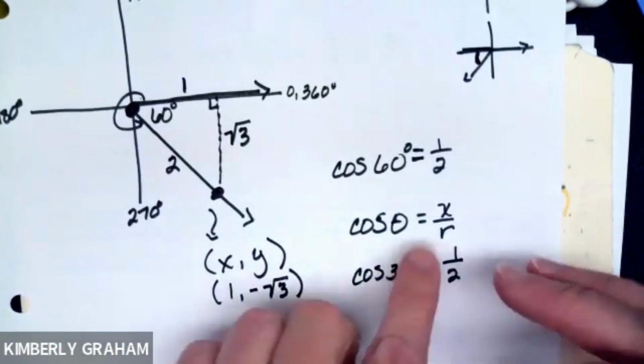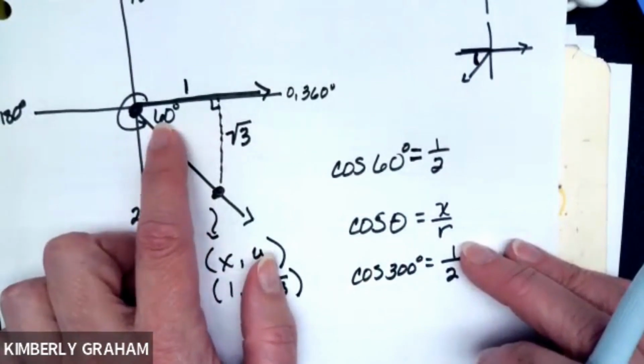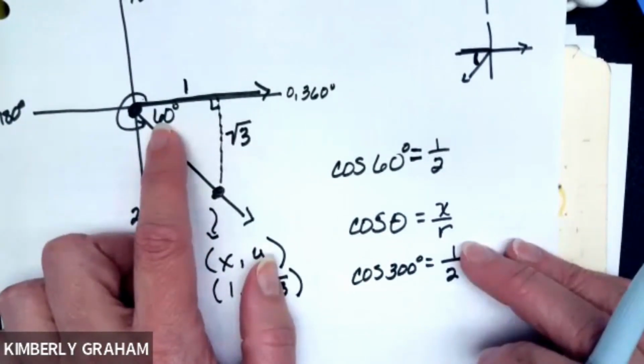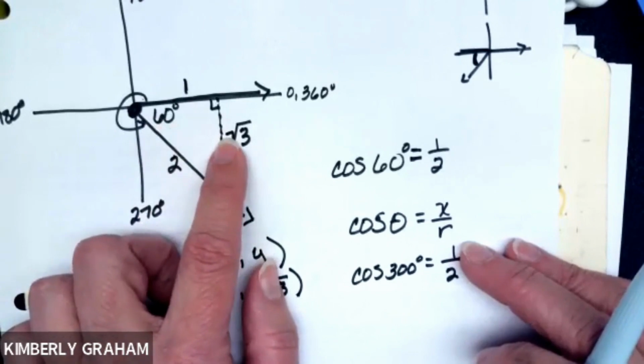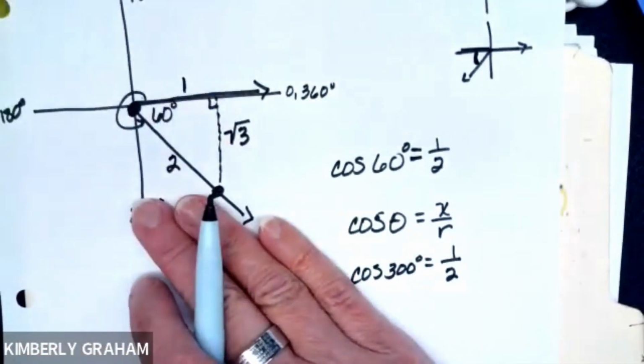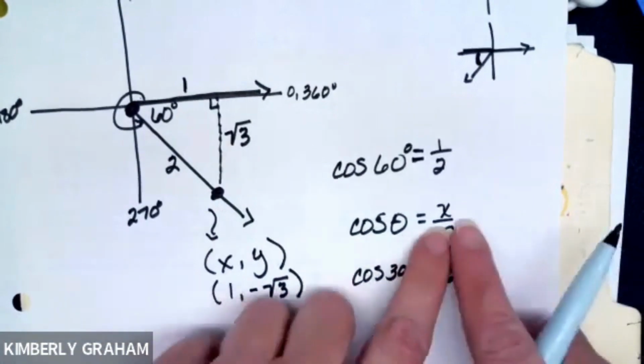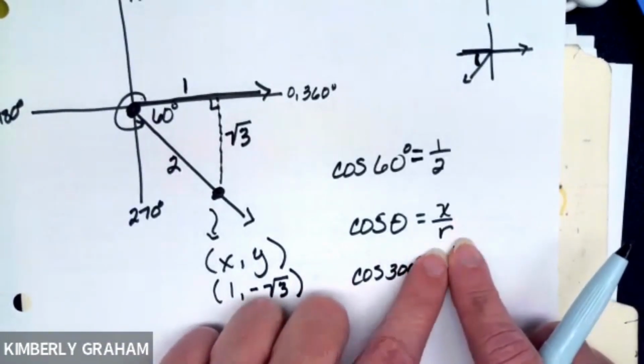Well, the cosine of this angle here, 60 degrees, is going to be a positive number because I'm just looking at it in a right triangle format. But when I'm looking at it in a circular definition, my cosine is based on x and r.